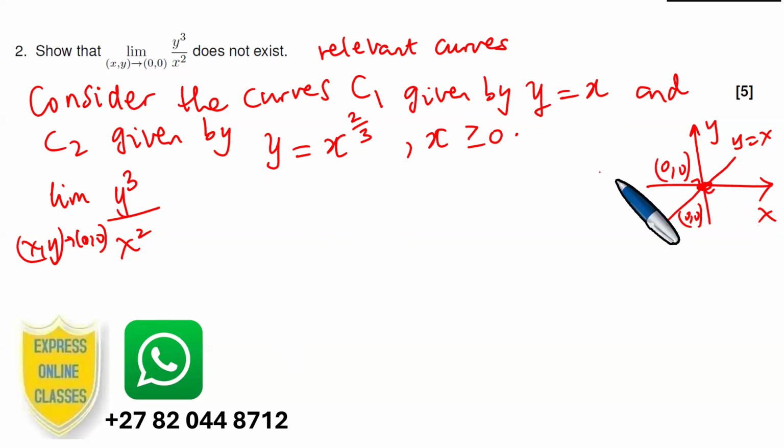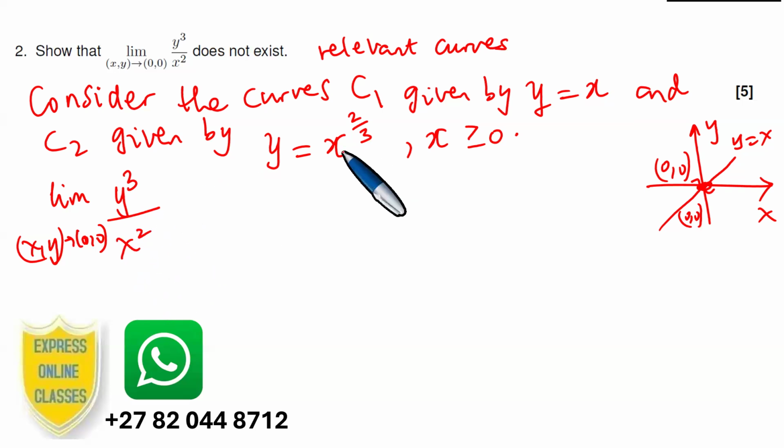Therefore y equals x is a relevant curve C1, and the curve C2 is also a relevant curve that passes through the origin. Are you saying you expect us to sketch y cubed over x squared? I thought you were going to use those two. Yes, there is a hint.